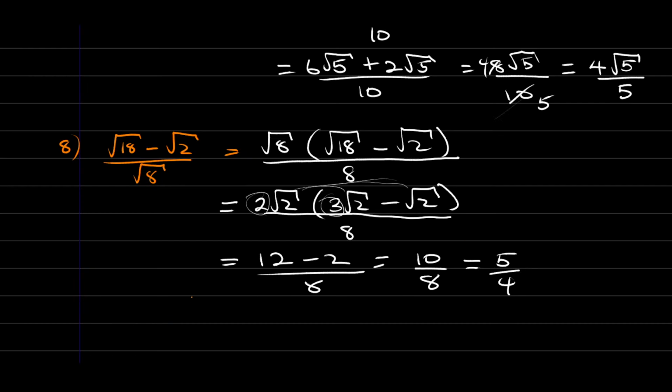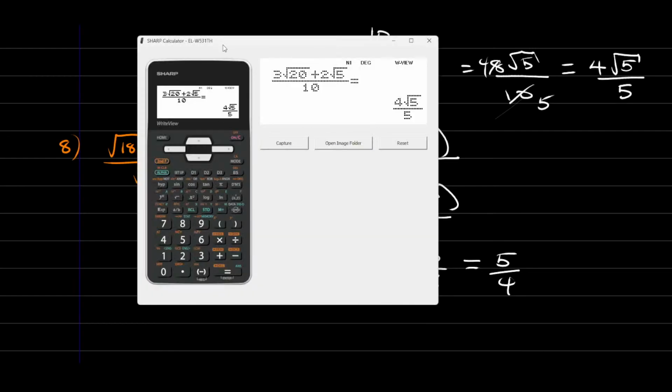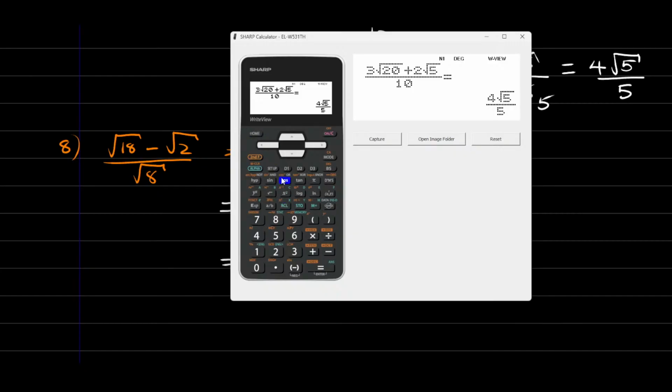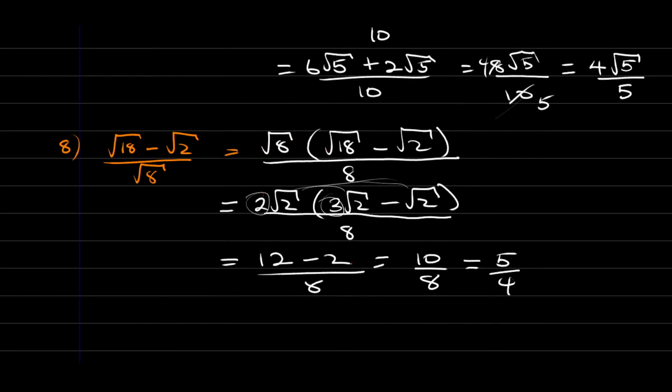Again, your calculator can actually do this. Let's look at it here. We can see fraction. We say root of 18 minus root of 2 divided by root of 8. And if I press my equal sign, I'll get 1. Huh. I did something crazy, didn't I? Let's see what we did.